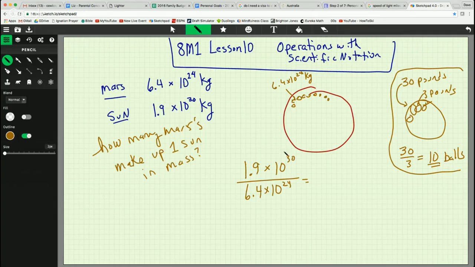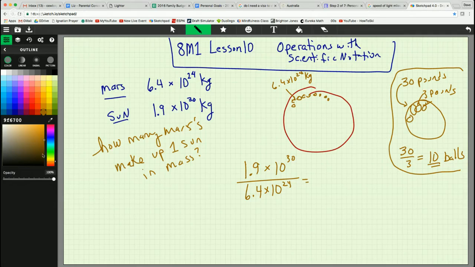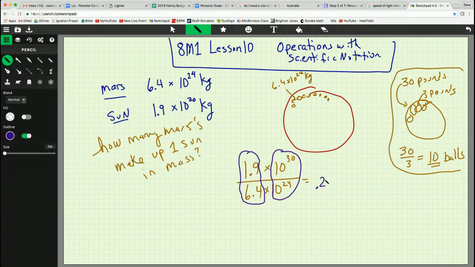And so we break it up into pieces. Remember, we're going to divide that, and we're going to subtract exponents here. So we got to figure out what 1.9 divided by 6.4 is. And if you work out that division, you get something like 0.2968.